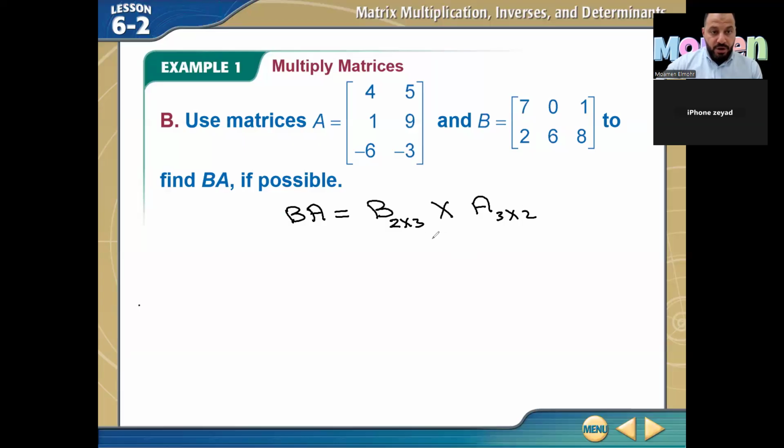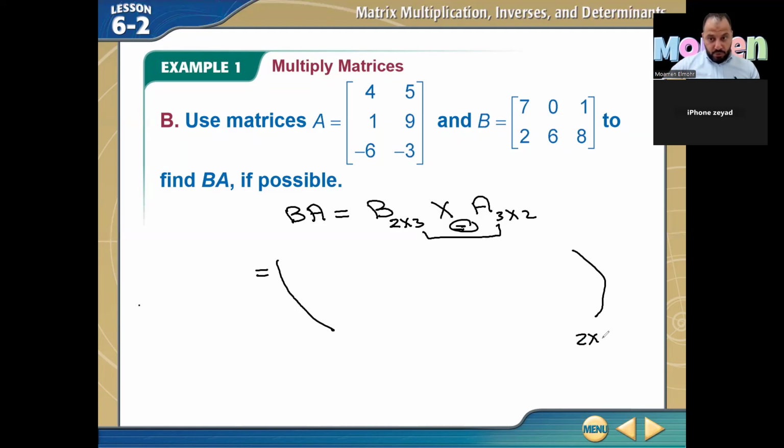So here it's 3 and here 3, it's equal, so we can multiply. So we need to multiply now, so make a bracket as you said.